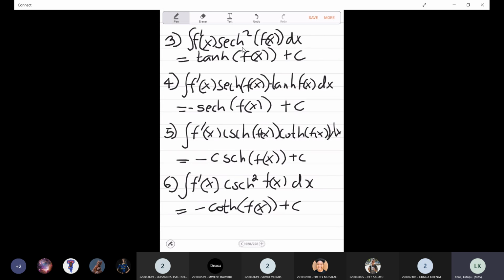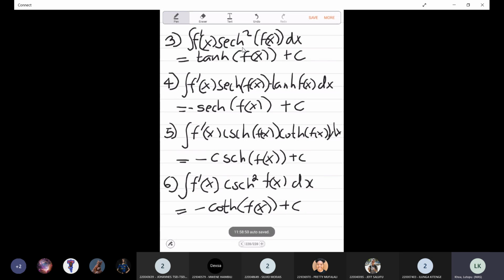Okay, and then if we wanted to integrate hyperbolic tan, you would change it to sinh over cosh, like we have been doing so far, and then integrate either using substitution or by making sure that the numerator is equal to the derivative of the denominator, and then you get ln.